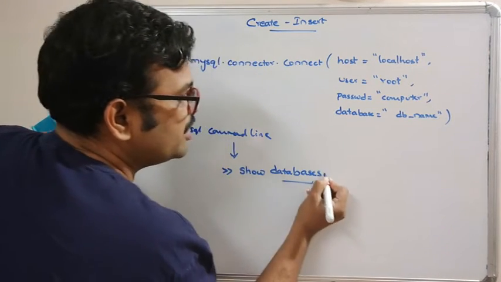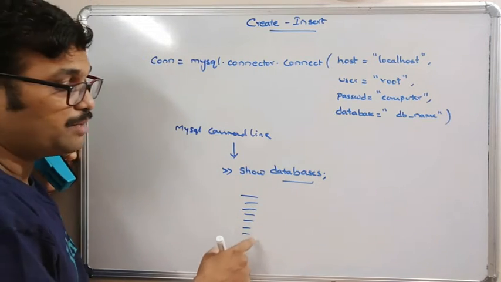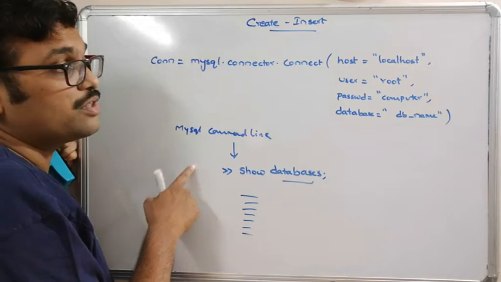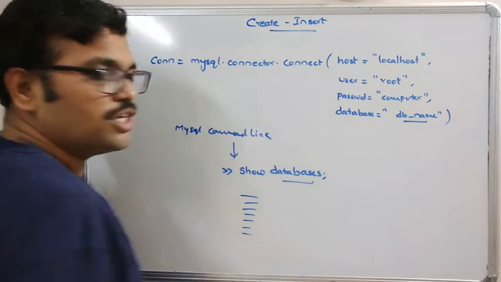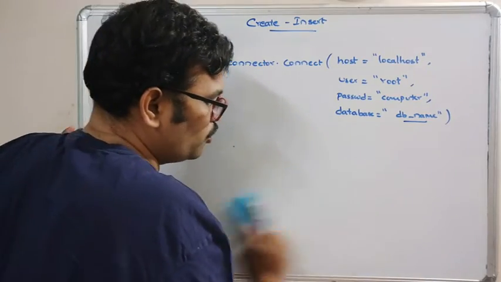If you type this, automatically we'll get all the databases available. Then you can select one database in order to create the tables, right? I will show you in the system, no worry.